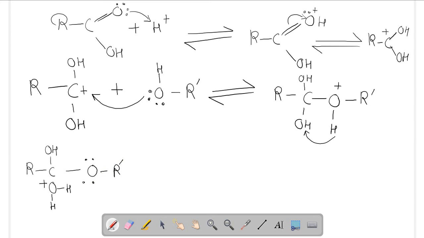Now in the intermediate obtained here, the water molecule which is attached to the carbon atom will get detached, and the lone pair of oxygen will get back with the carbon atom, and the formation of C double bond OH with a positive charge on O, and OR dash attached to the carbon takes place.